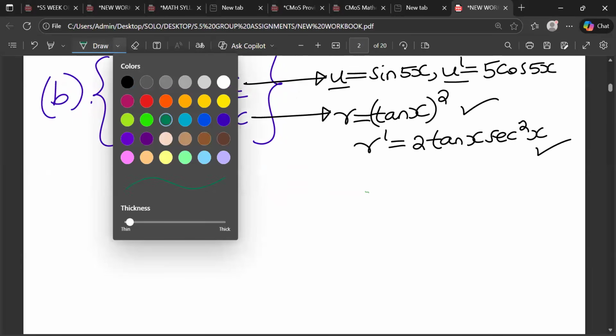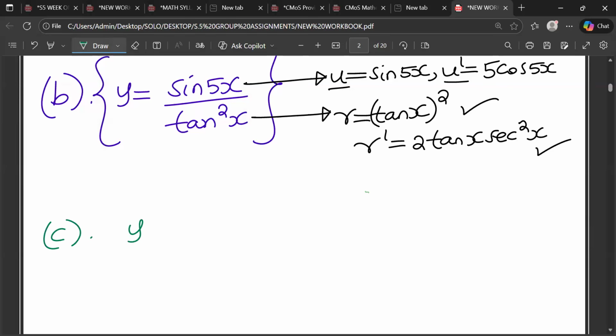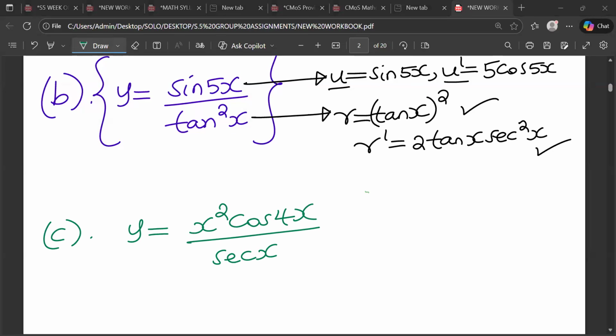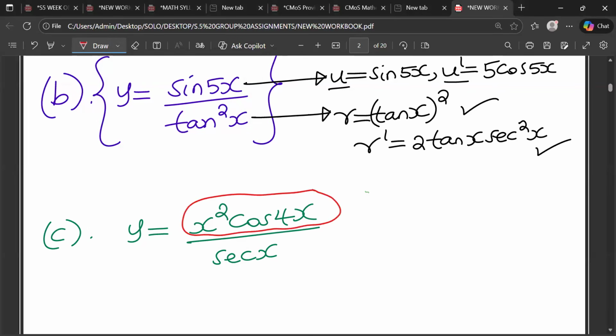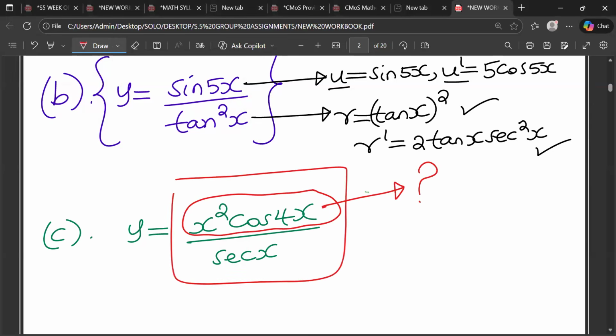Is this one doable? Is that one doable, people? That one needs a lot of things, because you realize this one on top alone is product rule. But again, the overall thing is a quotient. So can you force your brain to do it and pass it?